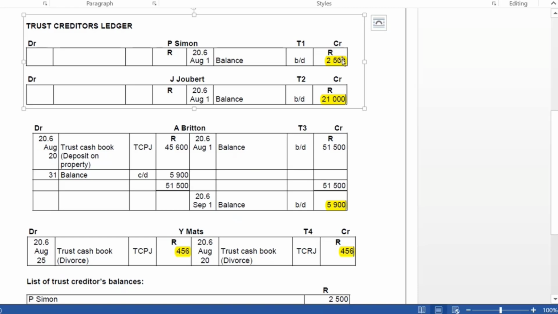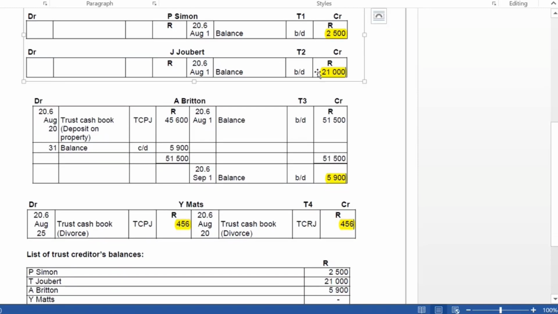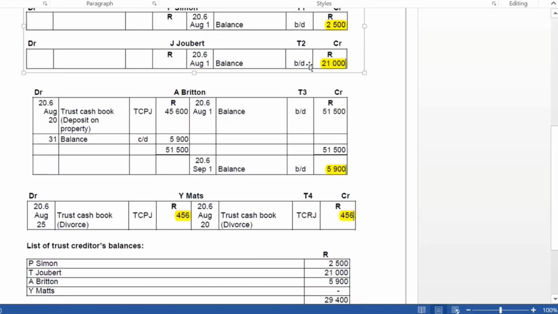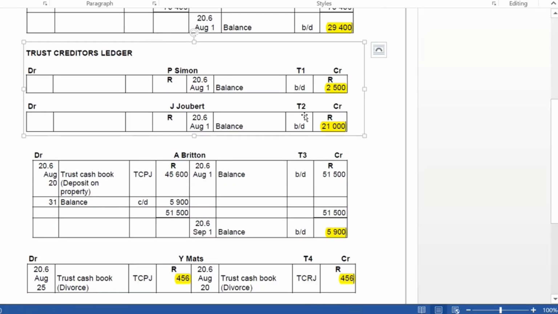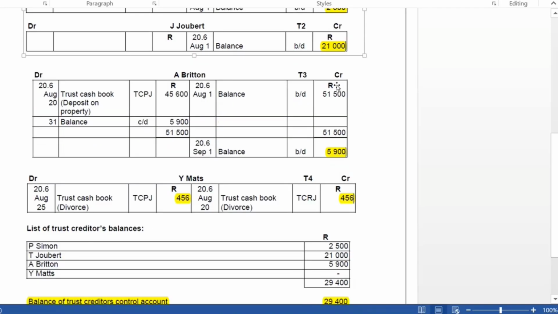So there is a balance of 2,500 owing to the client, P. Simon. J. Jubet, 21,000 is owing to them because they've transferred 21,000 to the attorney, but the attorney has not performed the work as yet. Even P. Simon, the same thing, has transferred 2,500, but the attorney has not performed the work as yet.